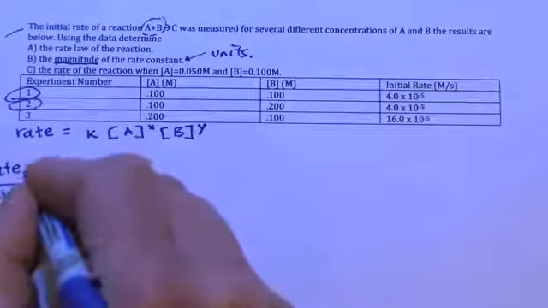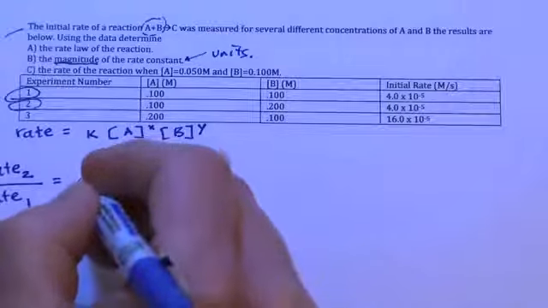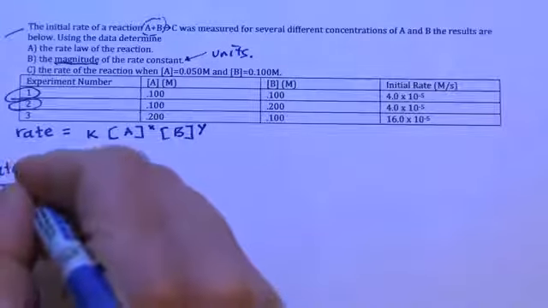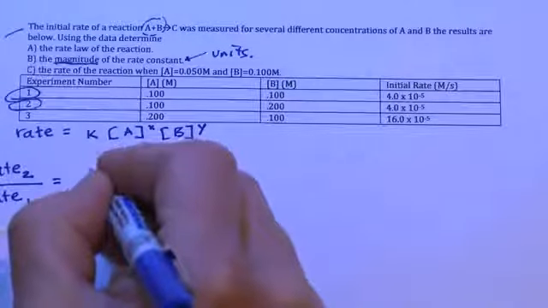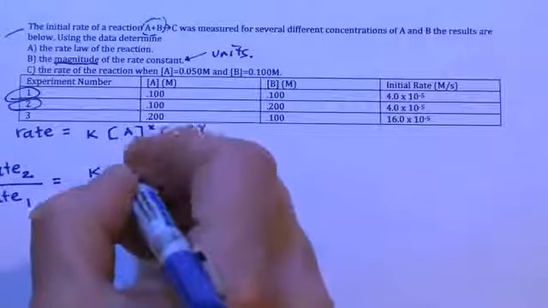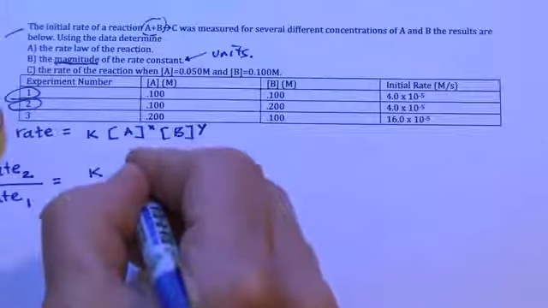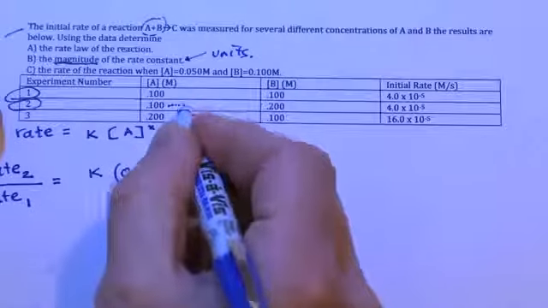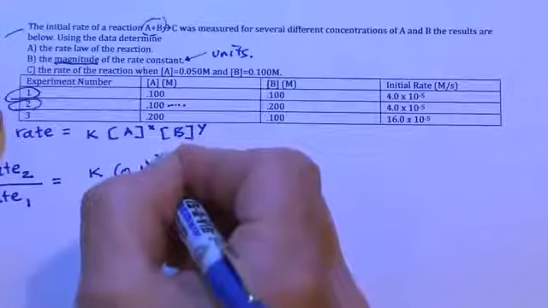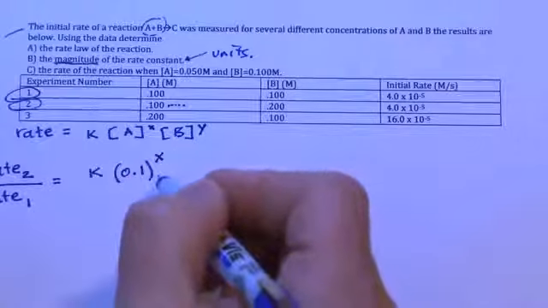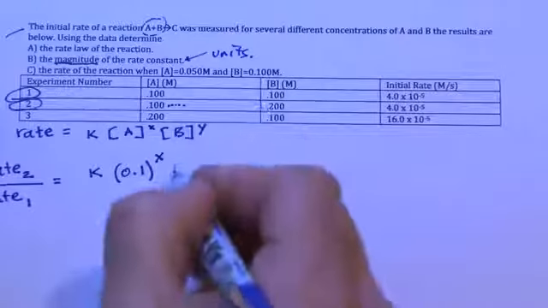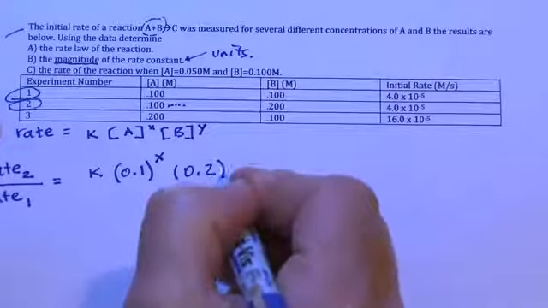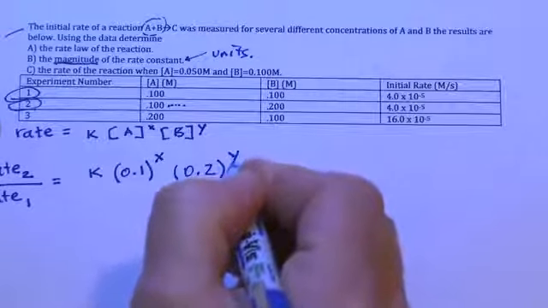Now, the rate expression for each one is going to be the same, where rate for experiment 2 is equal to some constant k times the concentration of A, which happens to be 0.1 molar. I got that from right here. Raised to some power, I'll call it x, times the concentration of B, which is 0.2 molar, raised to some power, I'll call it y.